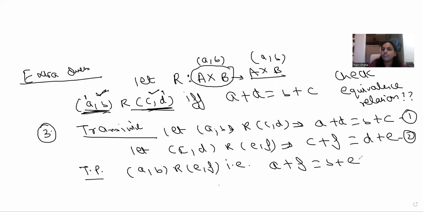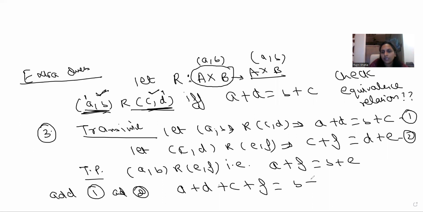The two results that we have got, 1 and 2, we are going to add them. So if we add them, I can say A plus D plus C plus F is equal to B plus C plus D plus E. Now I'm going to cancel it.